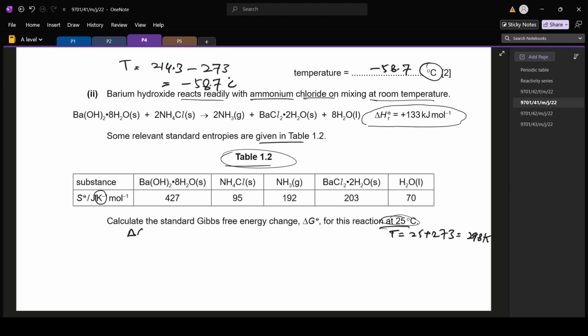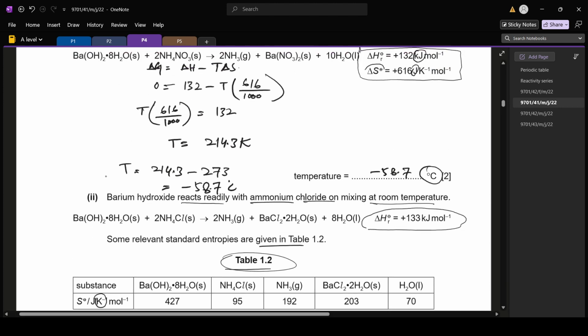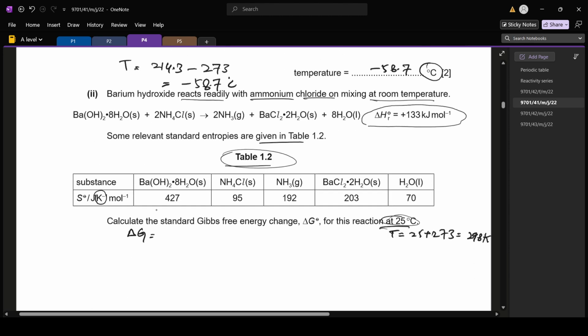Now the formula for the Gibbs free energy is the same which I wrote above. Gibbs free energy is equal to the enthalpy change of reaction minus temperature multiplied by entropy change.